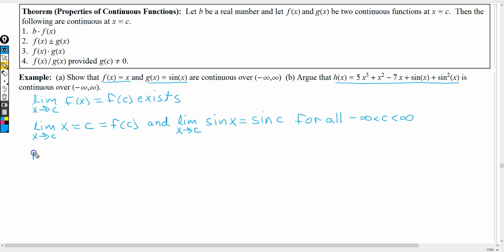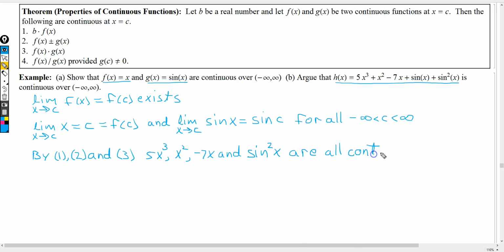So let's say by 1, 2, and 3, 5x cubed, x squared, negative 7x, and sine squared x are all going to be continuous as well over all the real numbers.